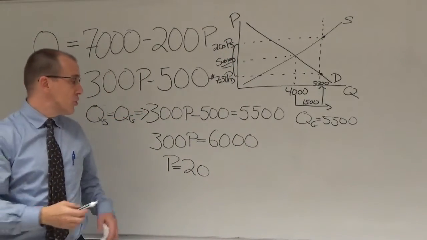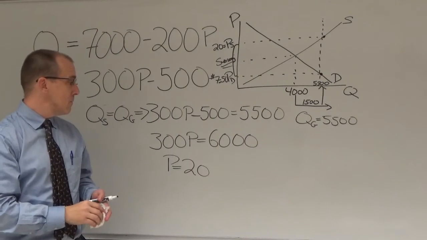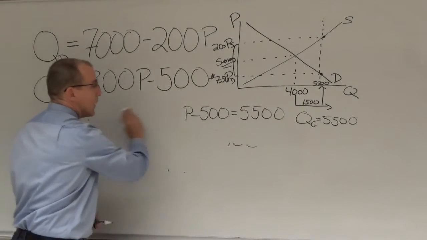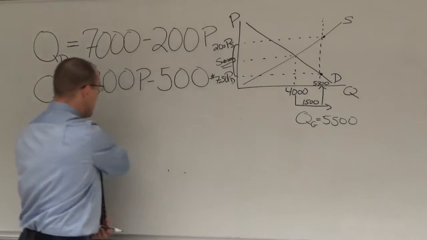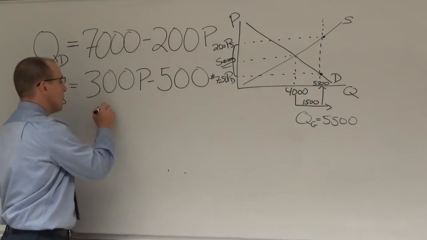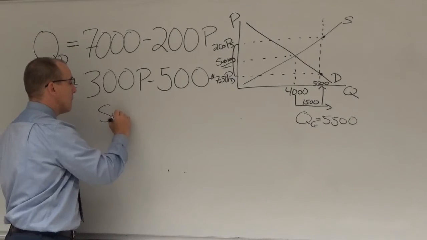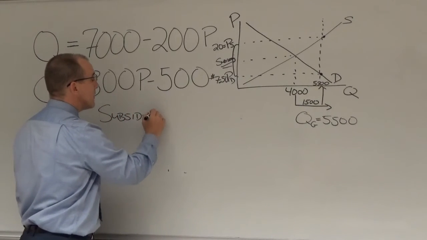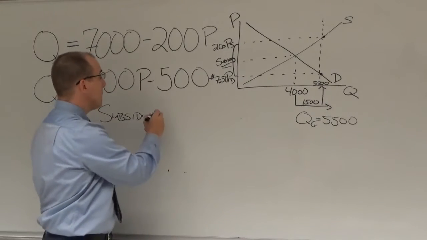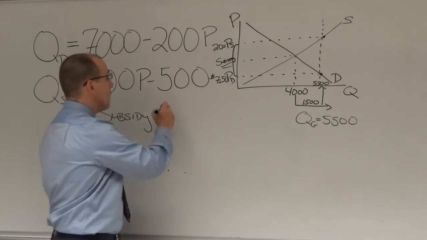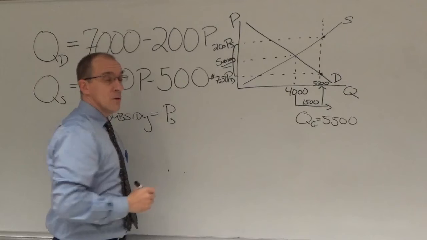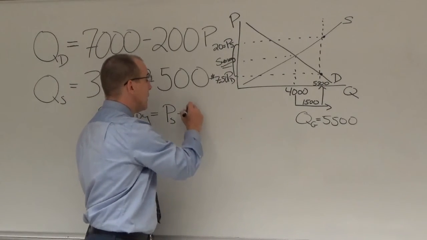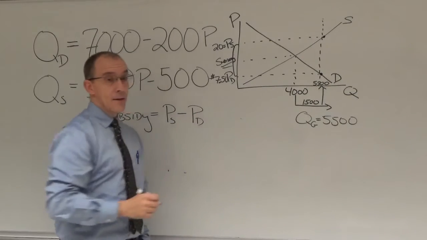So how much should our subsidy be? Well, let me erase this. Our subsidy will quite simply be the price necessary for the supply minus the amount that people are going to pay.